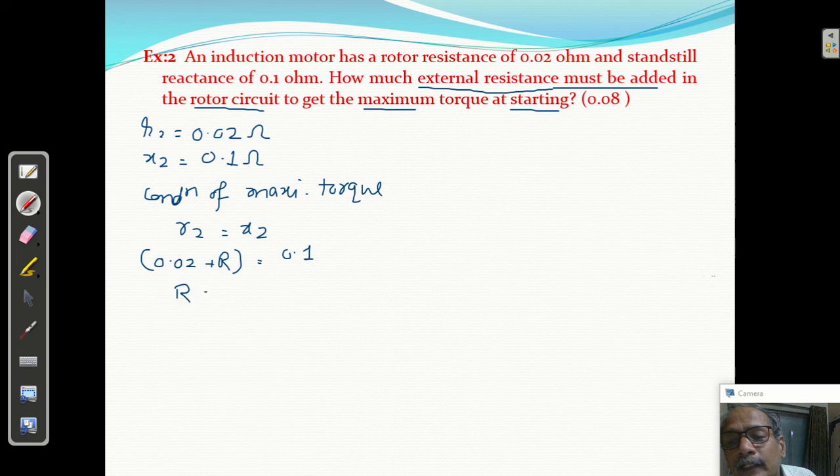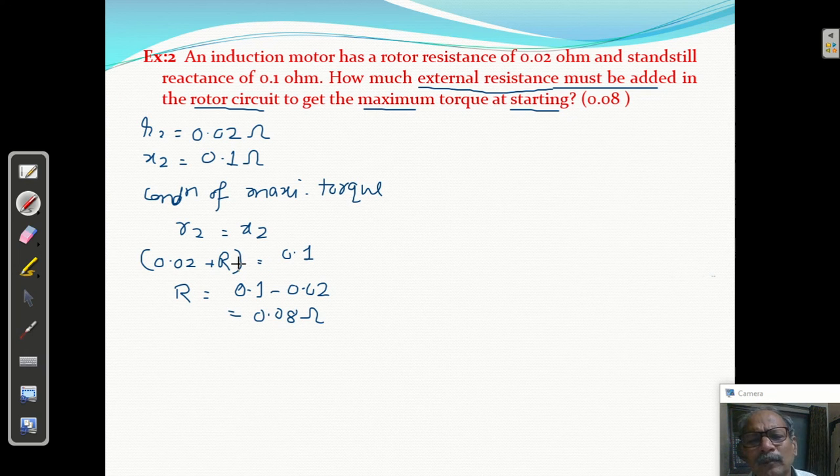So the additional resistance is 0.1 minus 0.02 equal to 0.08. So if you add 0.08 ohm resistance, we will get the maximum torque at start. This is the solution for this problem.